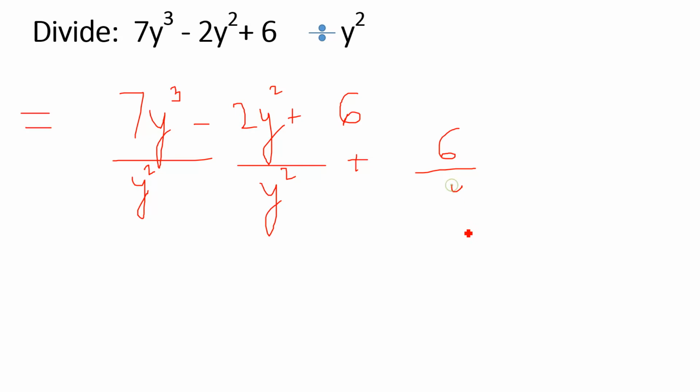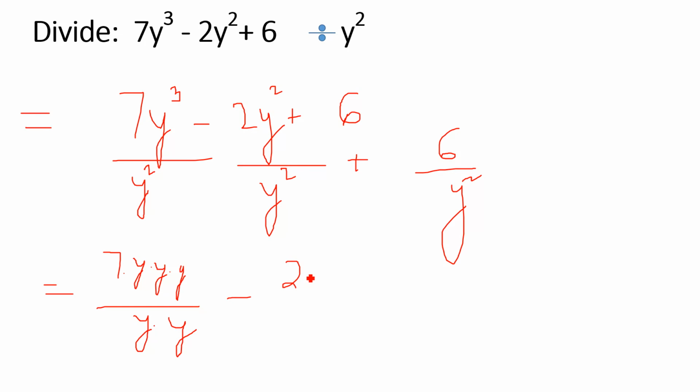So here I will show you by splitting. This y cube means y, this dot means multiplication. You have 3 y's in the numerator, 2 y's in the denominator.